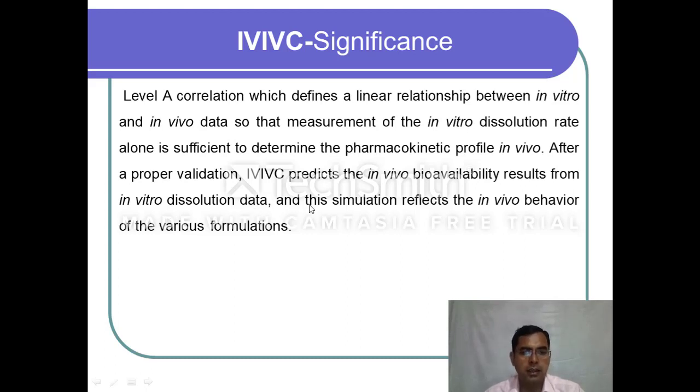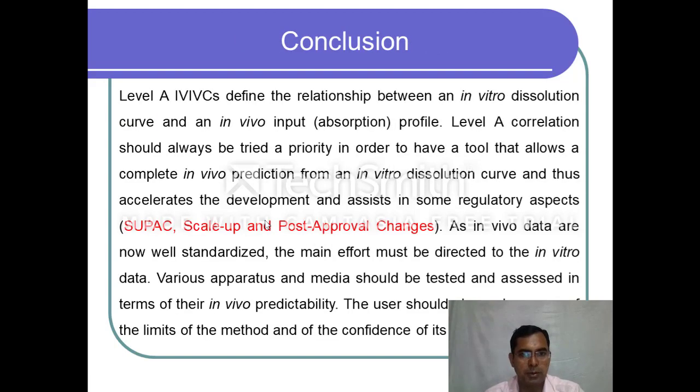With level A data, we can easily establish the relationship between in vivo and in vitro, that is the superimposable curve, which reflects the in vivo behavior of the various formulations. So simply we are going to perform the in vitro test and we can predict the in vivo behavior of that particular formulation in the case of correlation A. It is a perfect match, point to point matching.